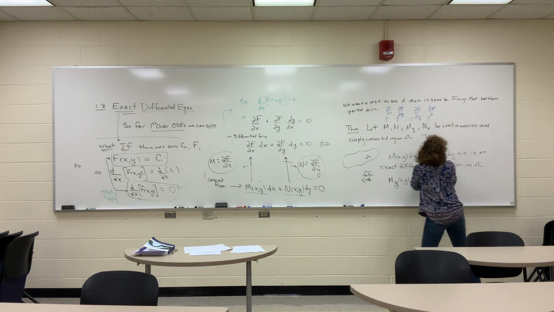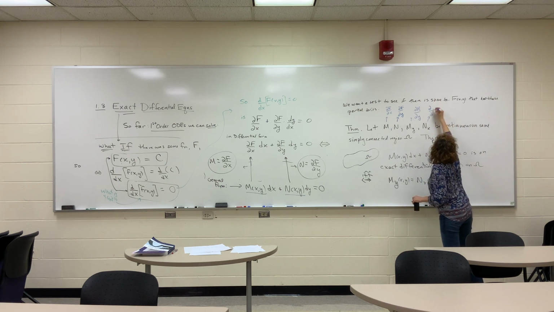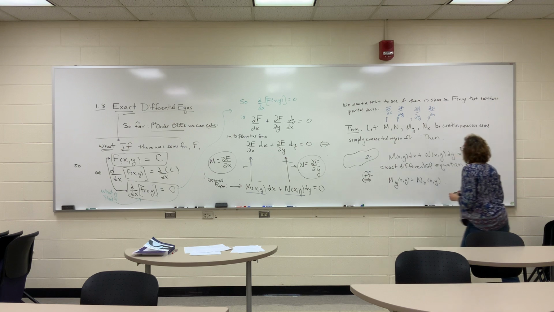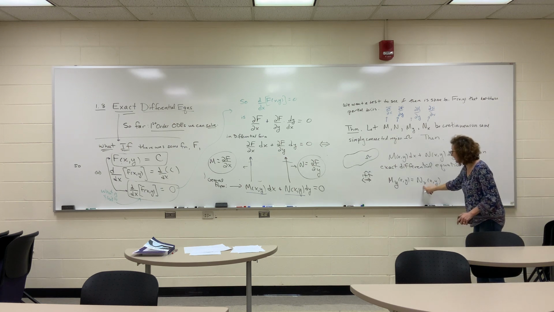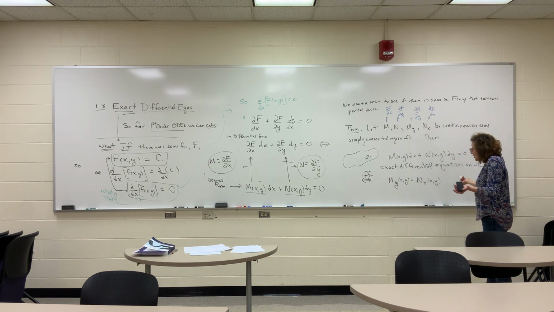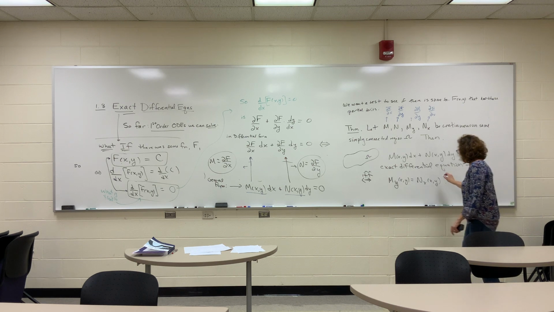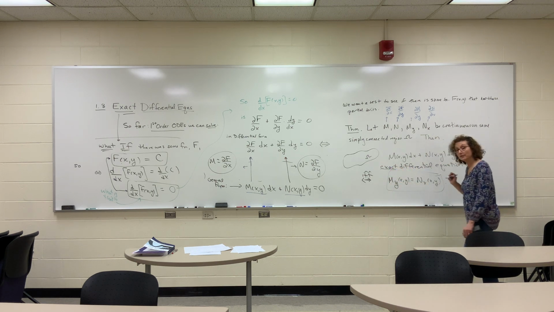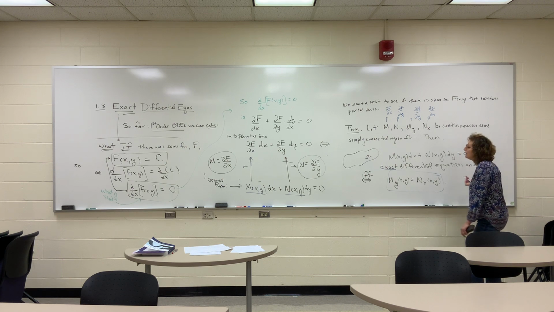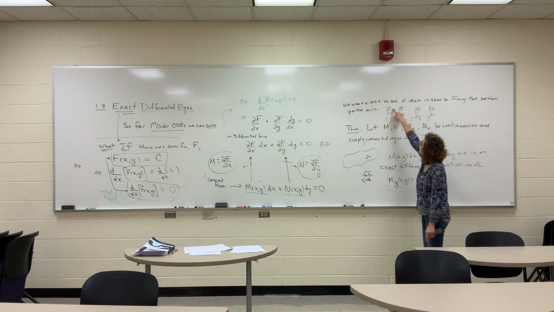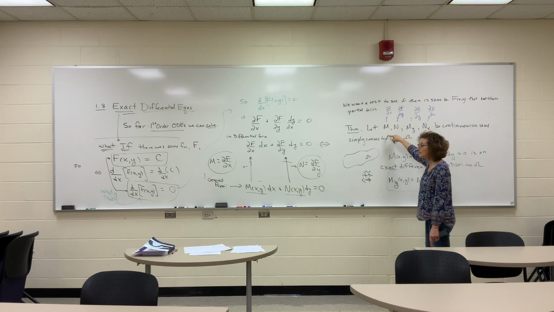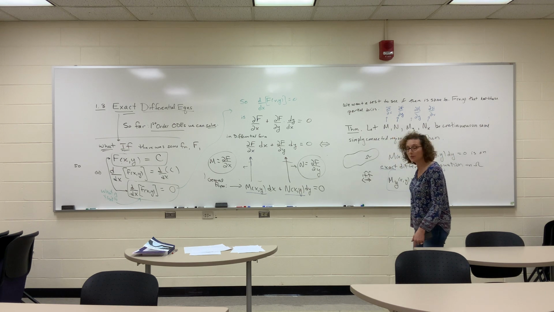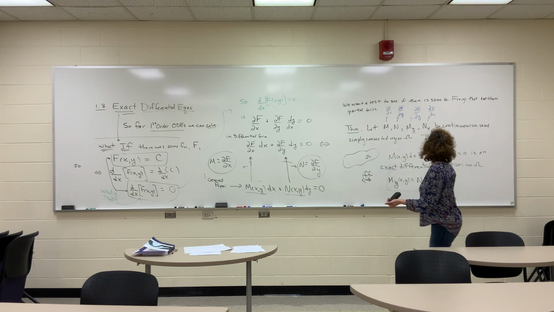Whoops, that's an n. And then I look at those two things, and if they are equal, I'm guaranteed to have an exact differential equation, which means I'm guaranteed that the f actually does exist to make these things happen, which means I can go through that process and come up with the f.